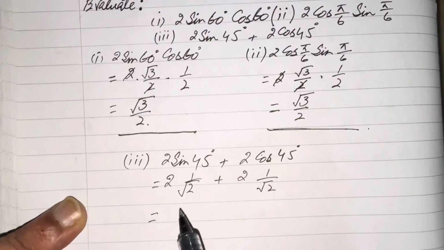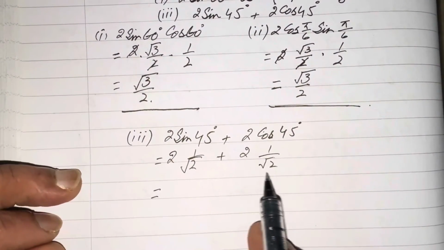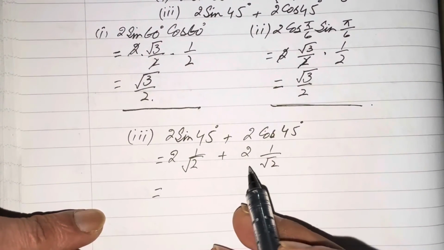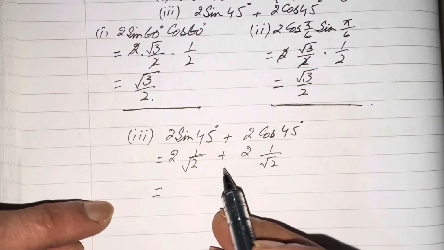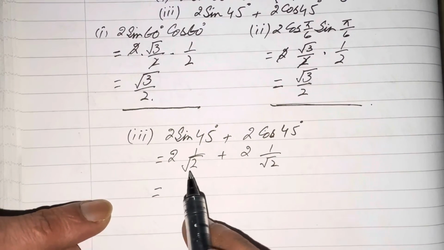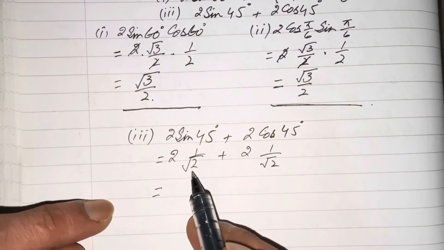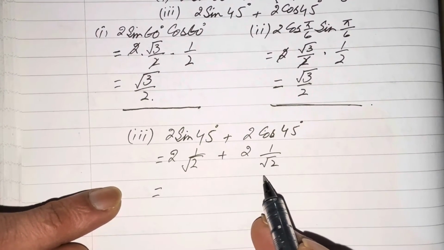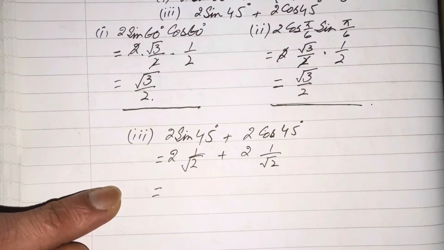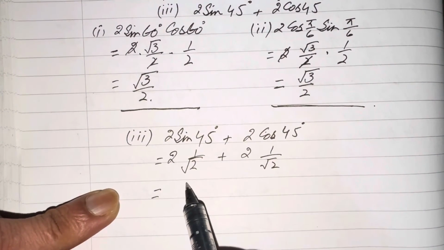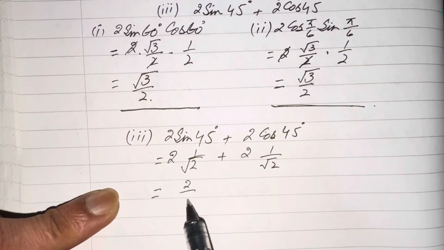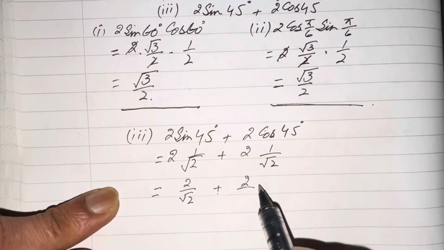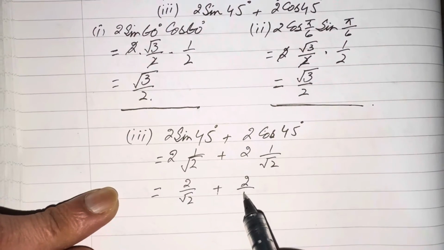So now we have to simplify this expression, and there are different ways that we can simplify it. If you take the LCM of this expression, it can be written as 2 divided by under root 2 plus 2 divided by under root 2.